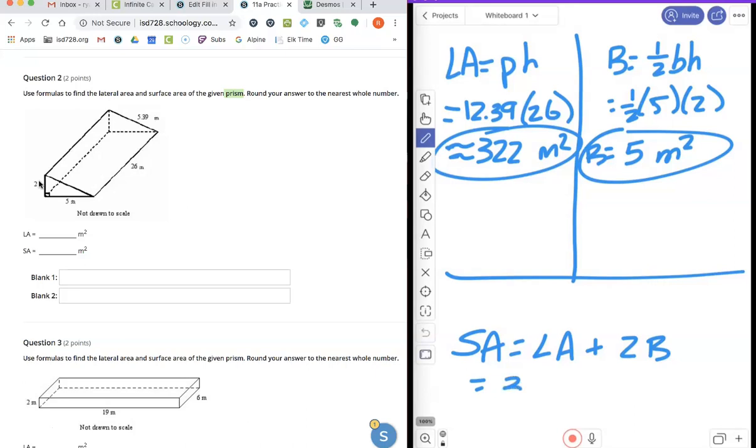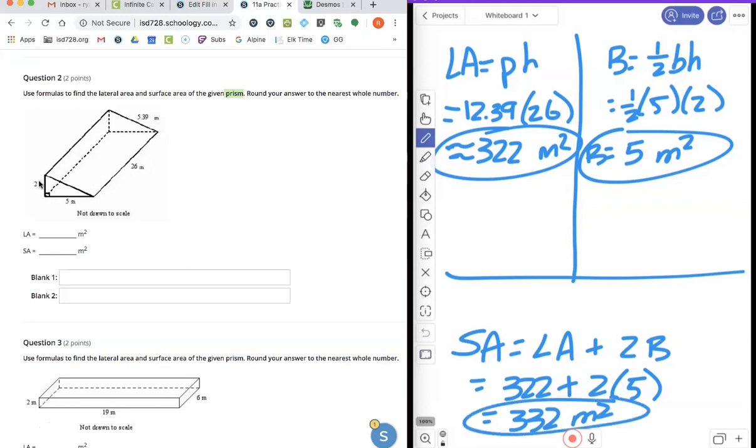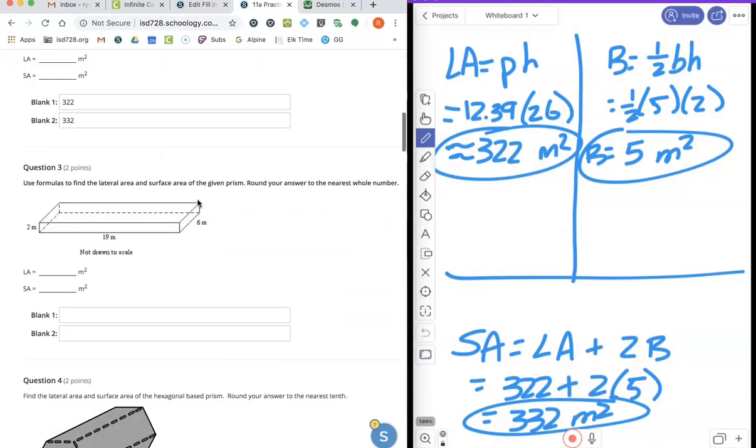We can go get our answer: 322 plus 2 times 5, since one base is 5 square units. So that's 322 plus 10, or 332 square meters for our answer. So lateral area is 322, and 332 is our total surface area.